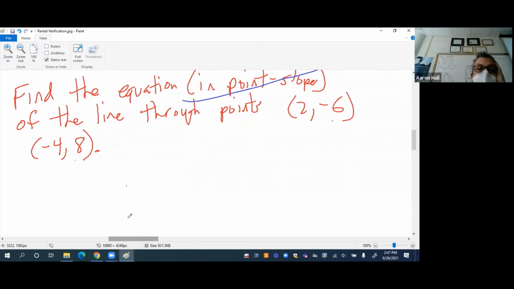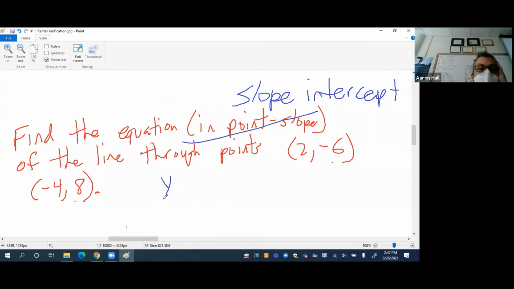We need to use y equals mx plus b. How do we do it? Find the slope and then plug in the values to find the b. Yeah, find the slope. What's the equation for slope? Isn't it y first? Rise is always the y values, right? So it's y minus y sub 1 over x minus x sub 1.